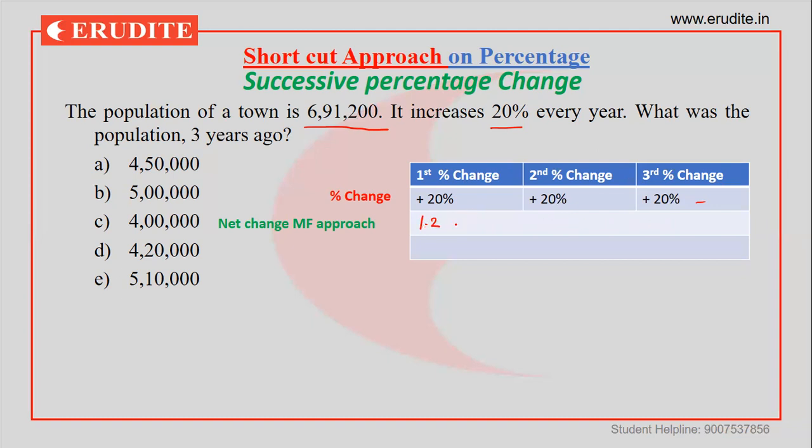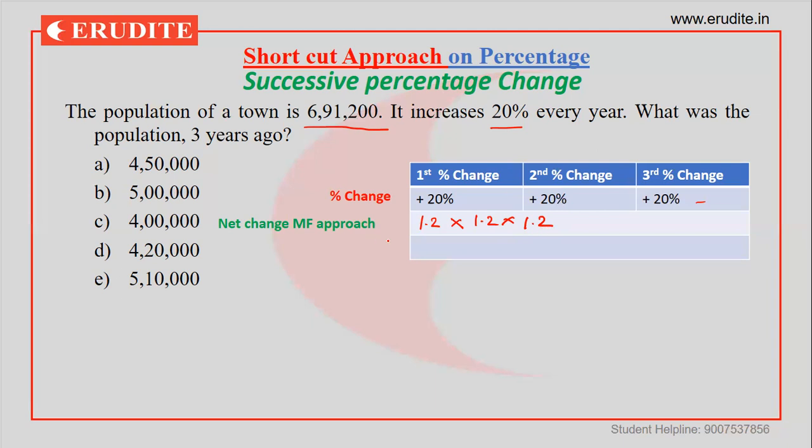So to find the net multiplication factor, we need to multiply 1.2 by 1.2 by 1.2. The initial value multiplied by that is the final value. And from that, we need to work back to find this initial value. But solving this is not that easy.